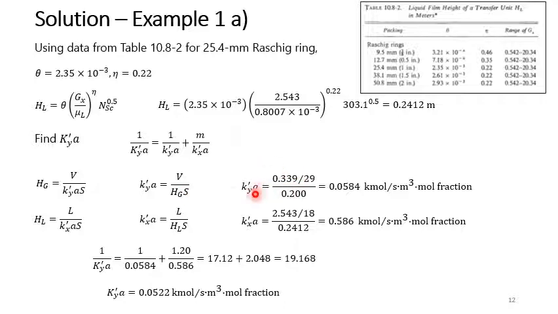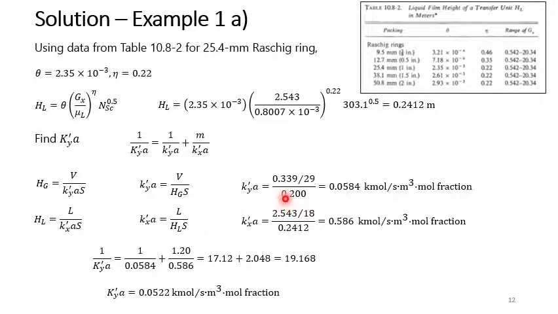So you take, for example, V, you take the Gy. The Gy was in kilogram, so you divide by the molar mass of air, approximately 29. That will give you the molar flow rate, in terms of kilomole per second per meter cube times mole fraction.